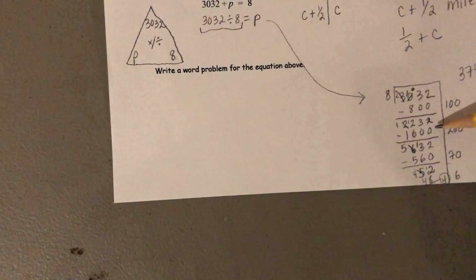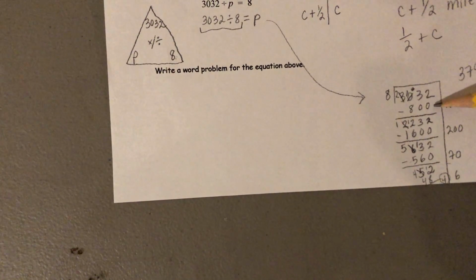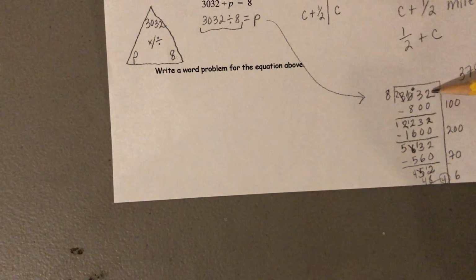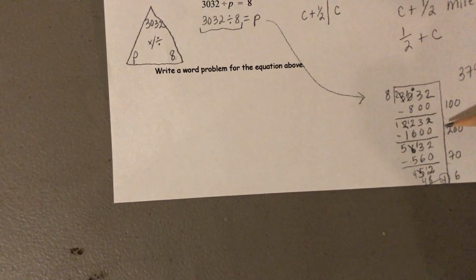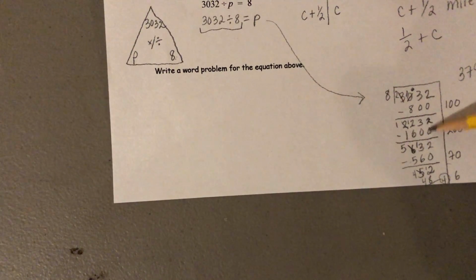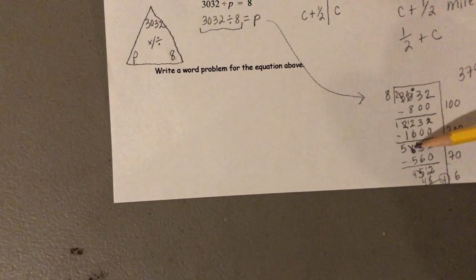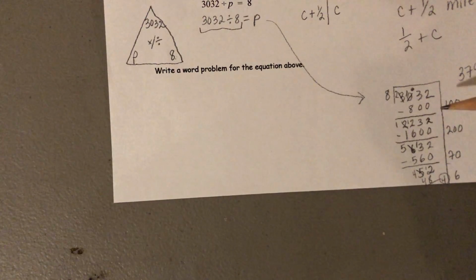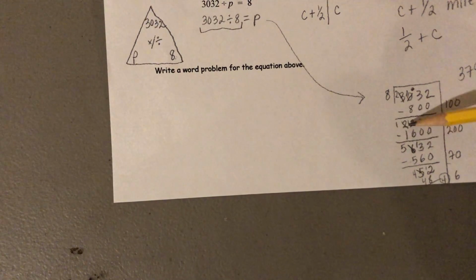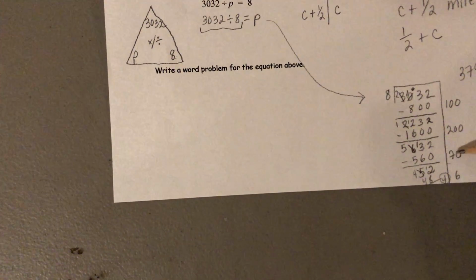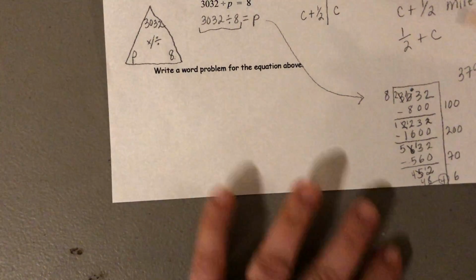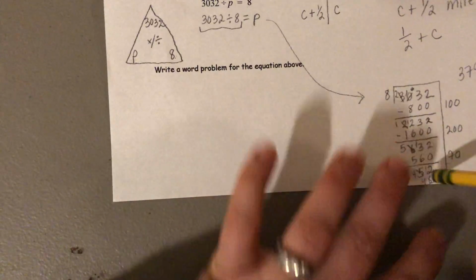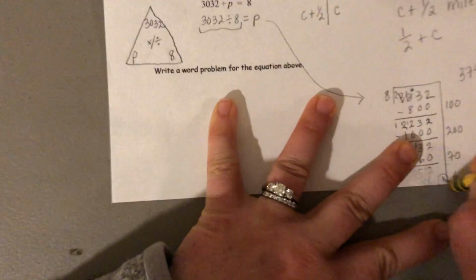If you can figure out what I did wrong, then you win the gold medal. 800, 1600. Okay, that one's right. 10 times 7 is 560. Oh, there we go. 13 minus 6 is not 5. 13 minus 6 is 7. There's my mistake.